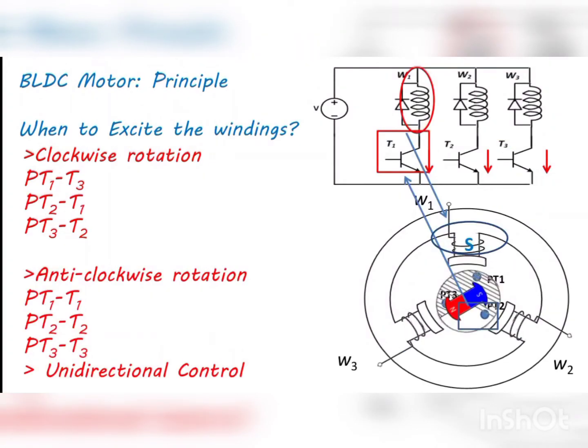Now PT2 is uncovered and turns on, and it makes transistor T1 turn on. As a result, winding W1 is energized and the full rotation is completed. For anticlockwise rotation, the phototransistor connections need to be updated. Note that this arrangement of transistor switches allows only unidirectional current, and at any time only one winding is excited.